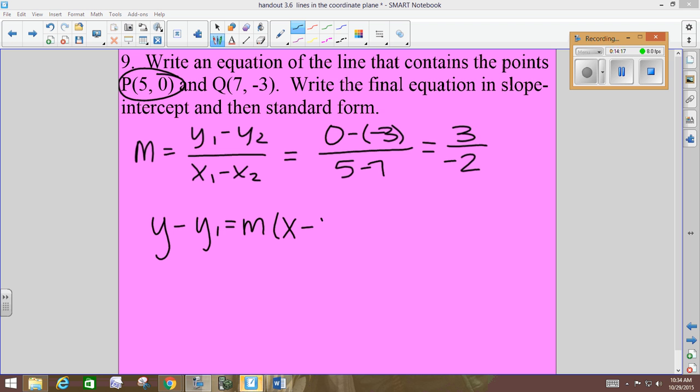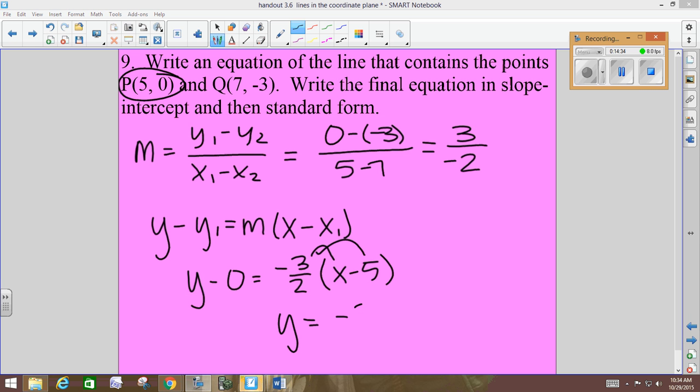So using your point slope form, when you substitute in, y minus 0 equals -3/2 times the quantity x minus 5. There's point slope form. Slope-intercept form, distribute, and you get y equals -3/2 x plus 15/2, or plus 7.5 would be the same thing.